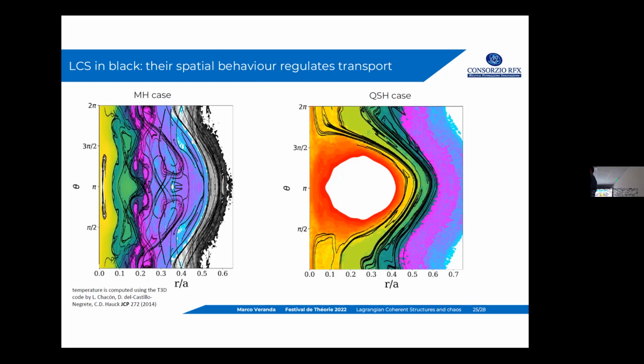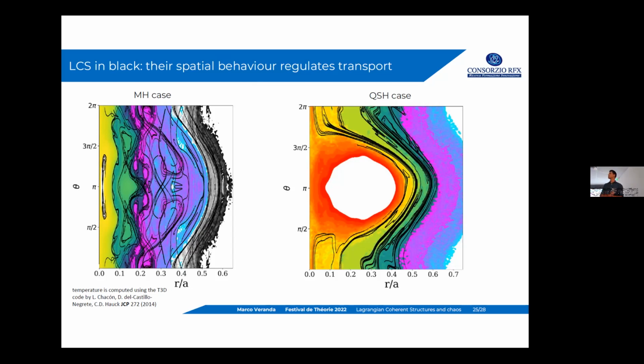The temperature is computed by a Lagrangian code that solves the transport equation, assuming that the only heating is of ohmic origin. That is a quite good assumption for the reversed field pinch.